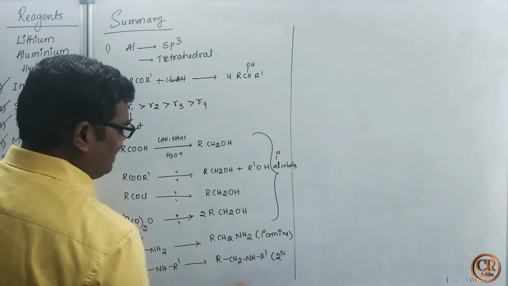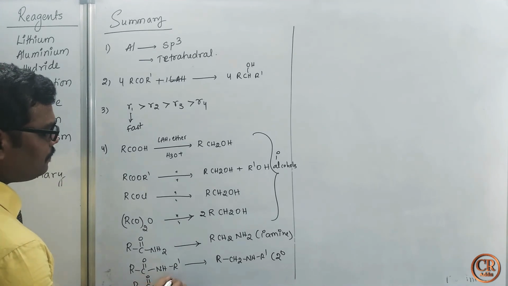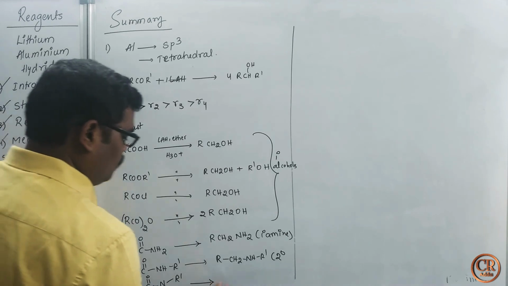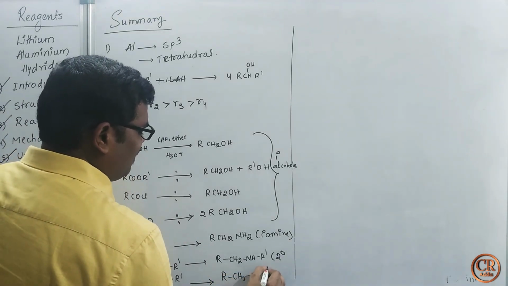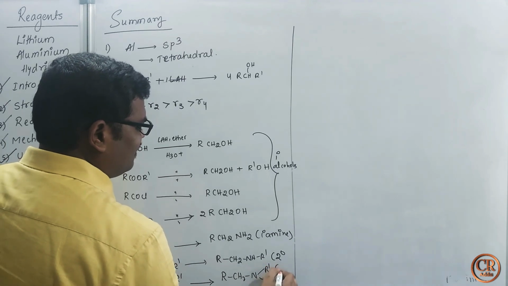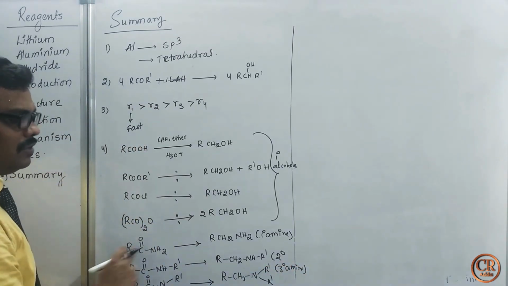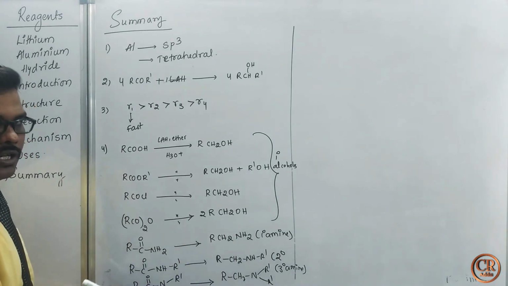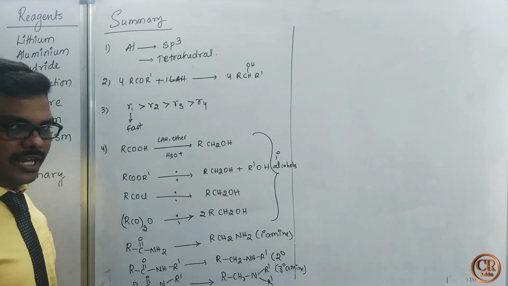This is a secondary amine. If you take another substituted amide, RCONR'2, it gives RCH2NR'2. This is a tertiary amine. So unsubstituted amide gives primary amine, substituted amides give either secondary amine or tertiary amine.